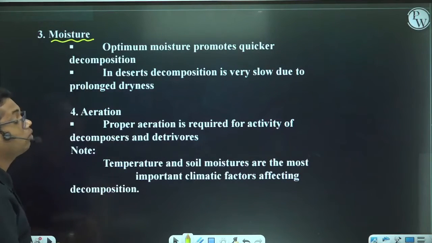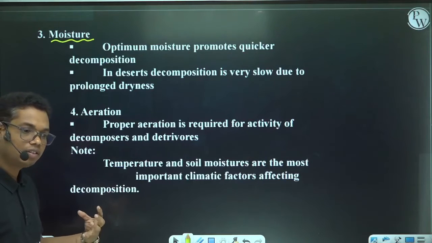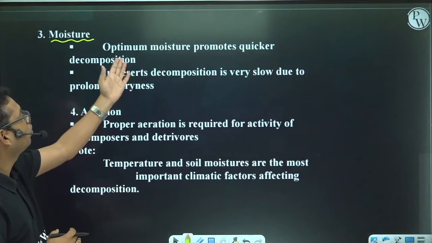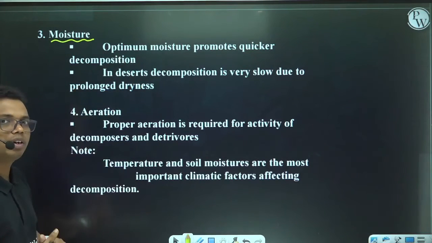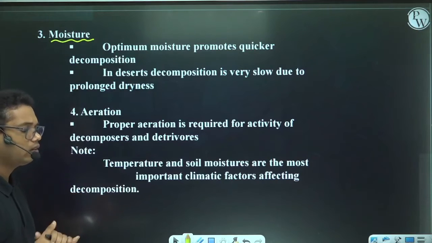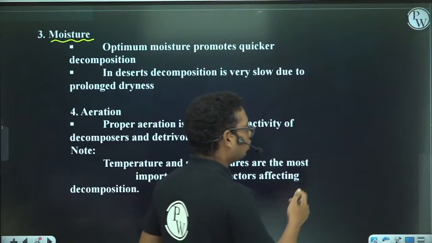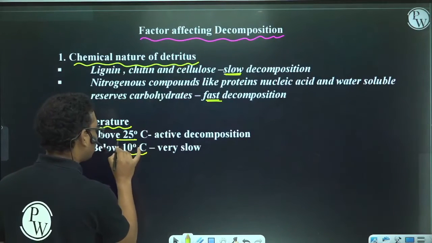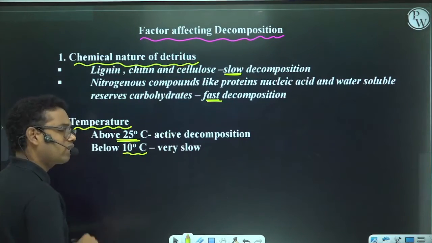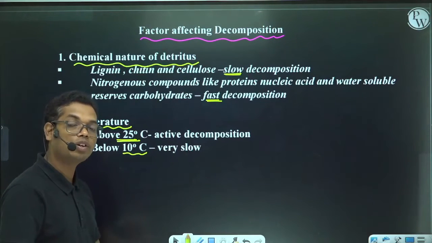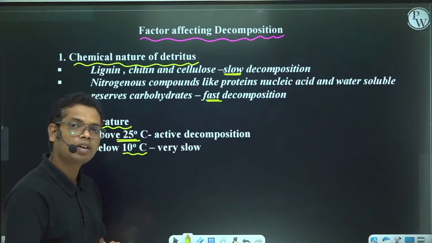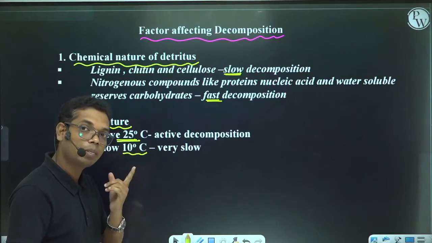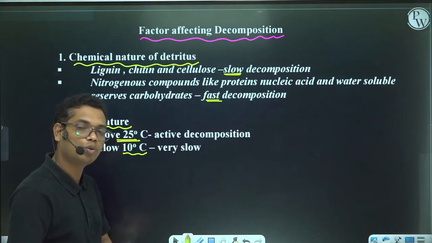If the decomposers are provided optimum moisture, then the decomposition rate will be high. Just before, I said above 25 degrees Celsius decomposition is active. The desert will be having more than 25 degrees Celsius, but still the rate of decomposition in the desert is low.